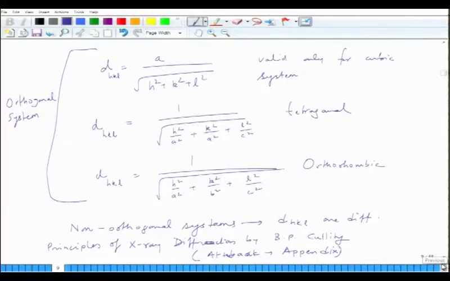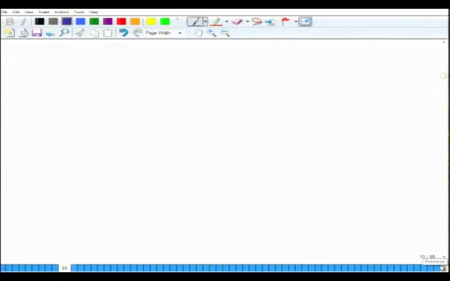Similarly, you can also look for interplanar angles, which also have different relations, okay. So, this again you can find in Cullity, okay. Now, this is about the tetragonal system.